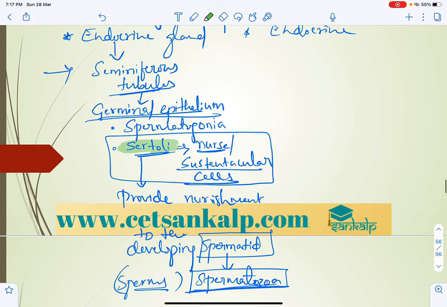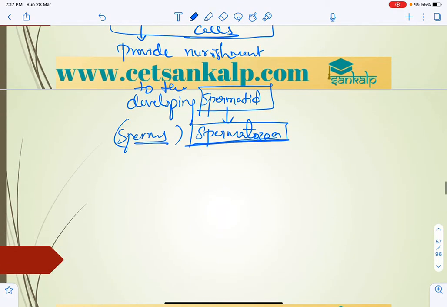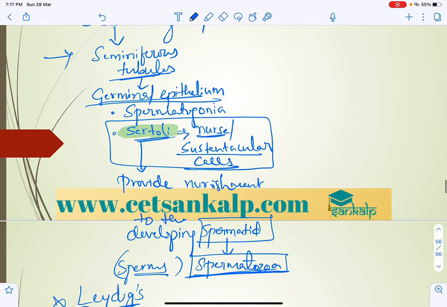And one more, along with the seminiferous tubules, the endocrine part here, the important thing, is the Leydig cells. Leydig cells are present outside the seminiferous tubules.